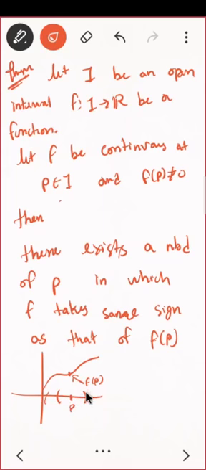Then there exists a neighborhood of p such that your function f takes the same sign in that neighborhood. That means, do you see in this neighborhood everybody is again positive? Value of the function is again positive. Do you see that?